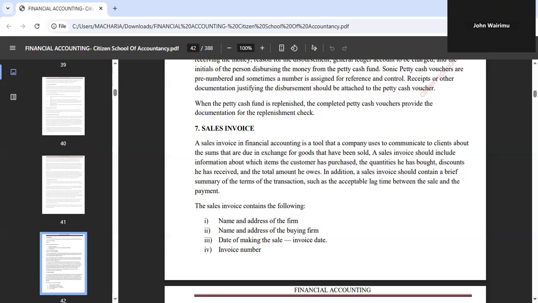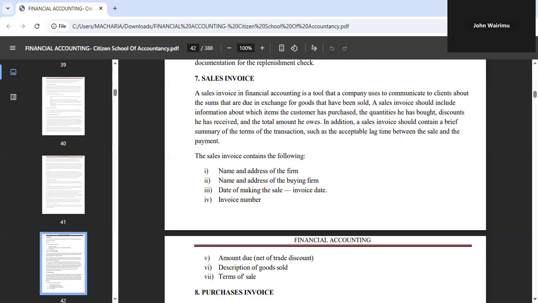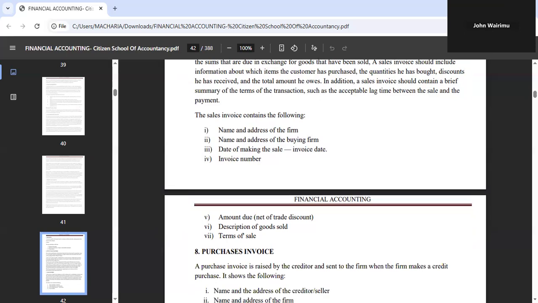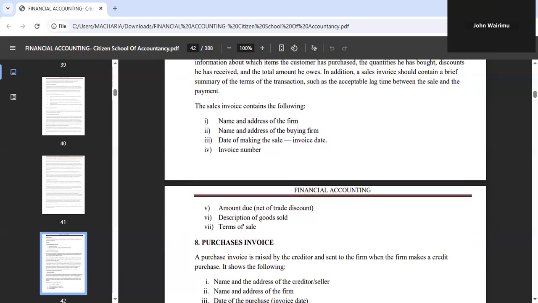So when you're drafting a sale invoice, most of them in a commercial setup, you'll have them printed. A sale invoice contains the following: name and address of the firm, name and address of the buying firm, date of making the invoice, invoice number, amount due, description of goods, terms of sale, and many others.